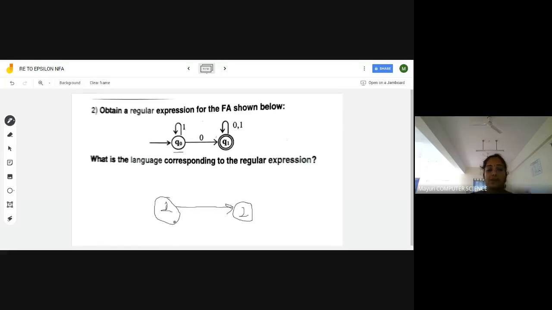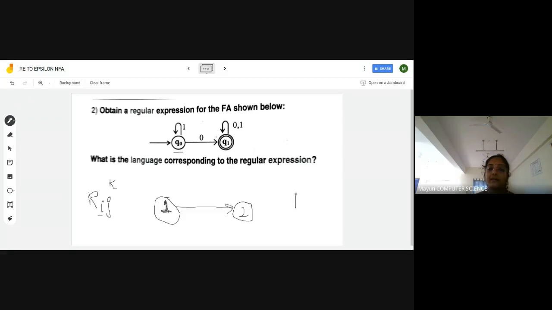And I just wanted to tell you about the k in R_ij power k. For the total travel, how many states are there? What you have to calculate is R_ij power k. What is i here? i is your starting state.